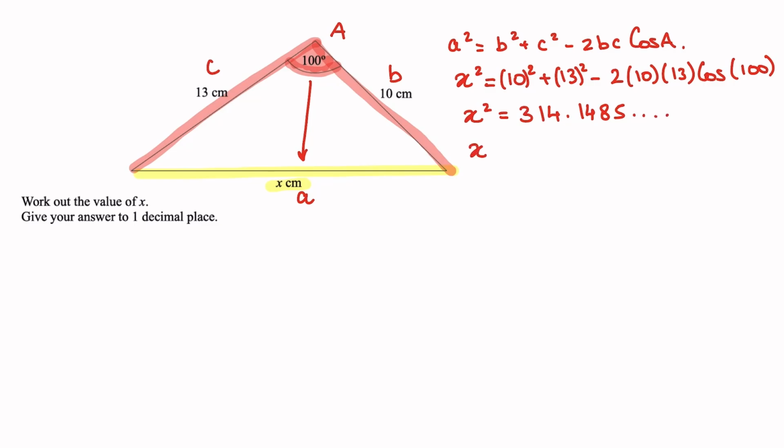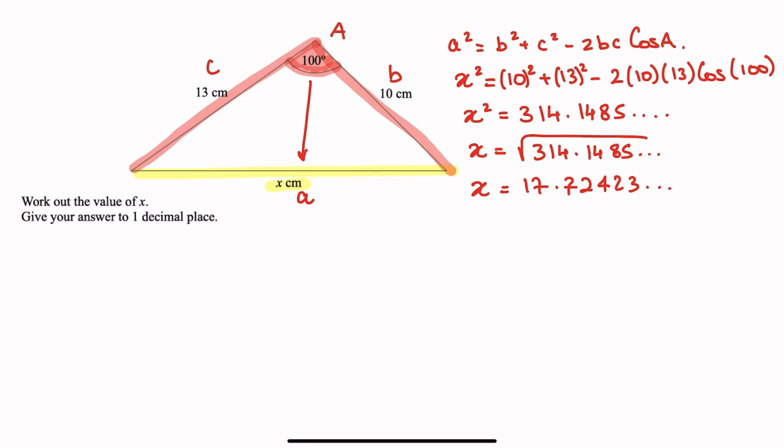Now to find the value of x, I need to take the square root of 314.1485... and if I put this in a calculator, it gives me the value of 17.72423. Once again, I like to put a couple more extra decimal places, so then I can have a look at the whole number and also show the examiner how I go from there to my final answer.